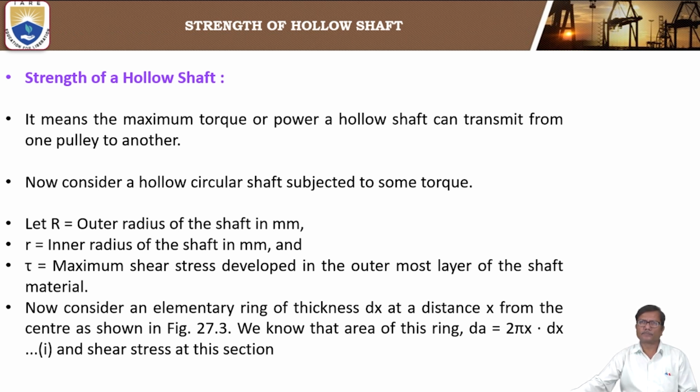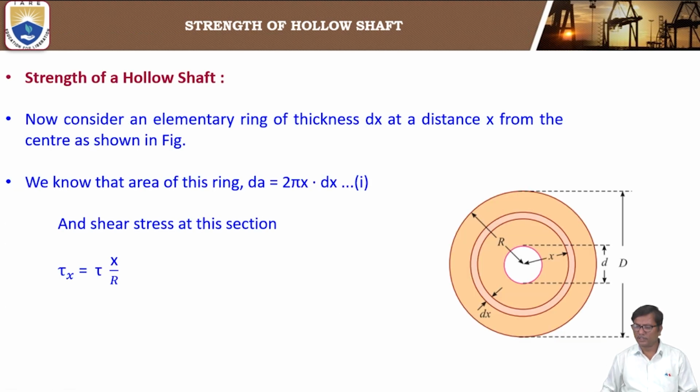Now, to derive an expression for the strength, consider a hollow circular shaft as shown in the figure. The capital D is the outer diameter, small d is the inner diameter, capital R is the radius of the outer surface, and small r is the radius of the inner circle.